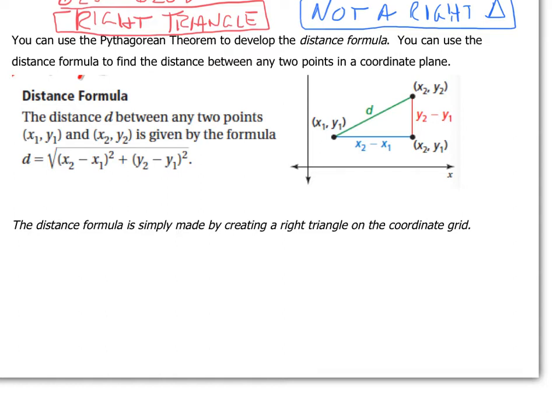Now, we've actually already worked with the distance formula when you did your water park project. The distance formula helps us find the distance between 2 points, and basically what it is using is the Pythagorean theorem.